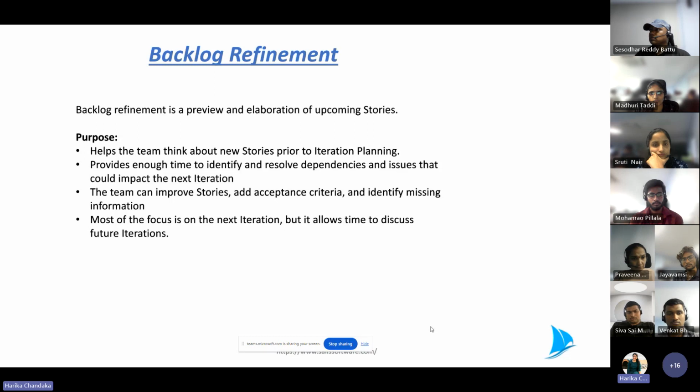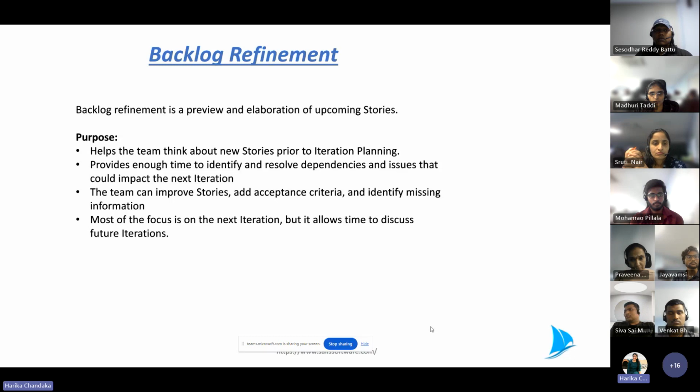The main purpose of this backlog refinement is that the team should be able to think about the new stories before the sprint planning call. The sprint planning call and the sprint start day are the same, so it's always advisable to have stories in place for the next sprint on the backlog refinement call itself.